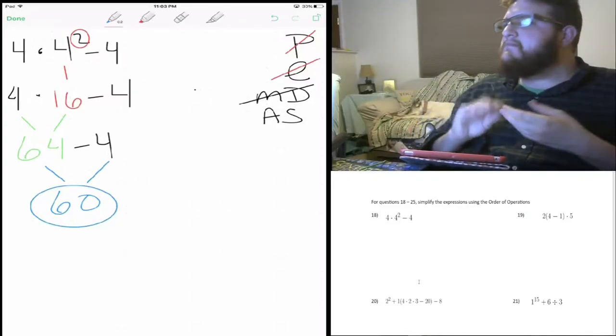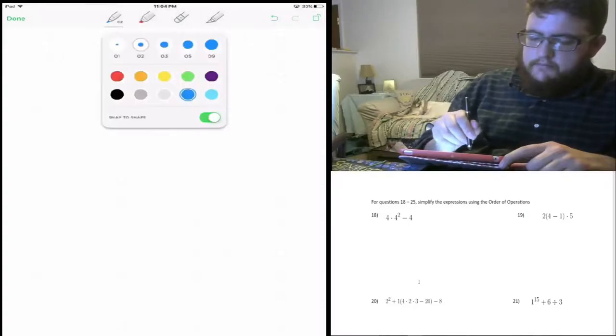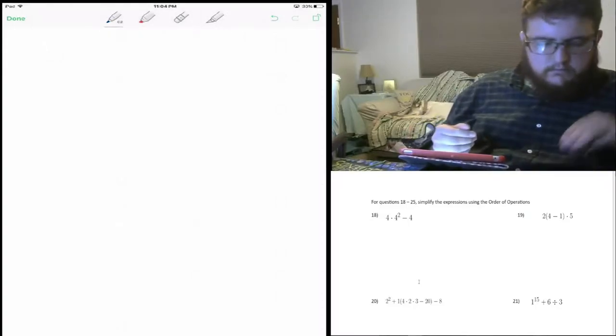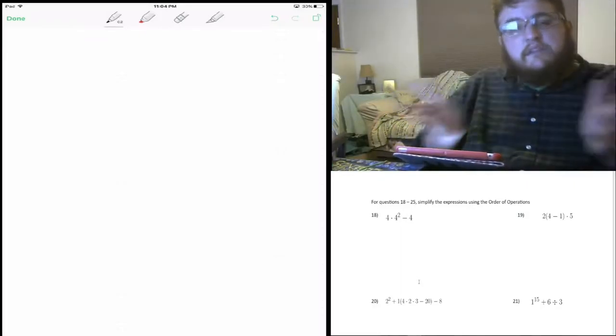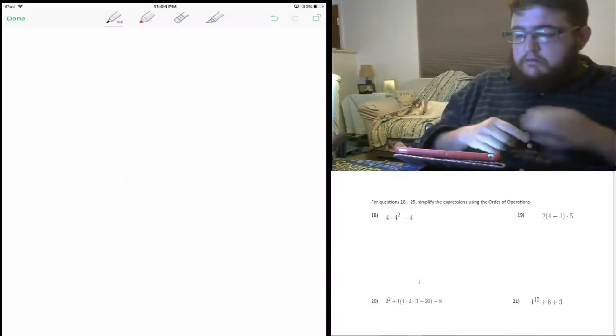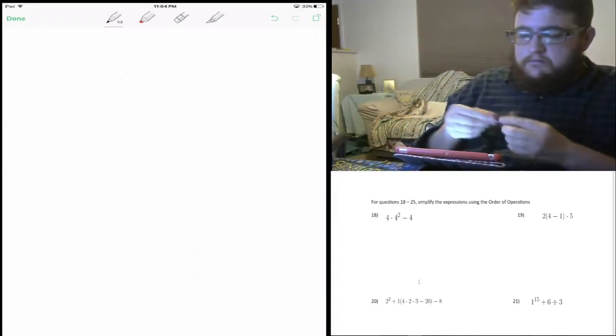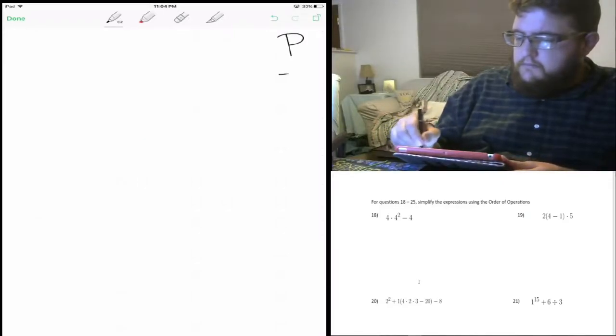Alrighty, so number 19. Again, I'm going to write PEMDAS because I really depend on it, and I think you should too. I think that during the test you should definitely try to write this down for each problem.